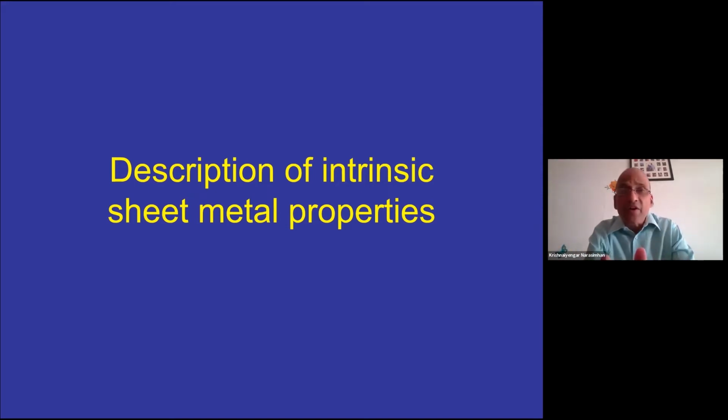And we also remarked this forming behavior, namely the kind of strains that are going to develop and the way the forming behavior will be, and eventually is it going to succeed, is it going to fail, is mainly depending upon three sets of parameters. We remarked that in the earlier module. One, the sheet metal itself, the sheet metal quality.